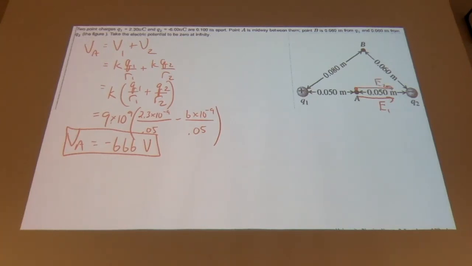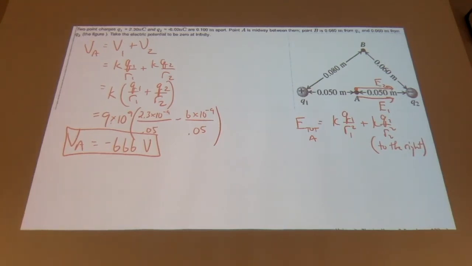So I would have to consider the fact they're pointing in the same direction, and then yes, I could use K Q1 over R1 squared plus K Q2 over R2 squared, and that would be fine because they're pointing in the same direction. That would give me a total electric field at point A. And we would find that it points, we'll say, to the right. So that one wouldn't be too bad for finding the electric field, okay?